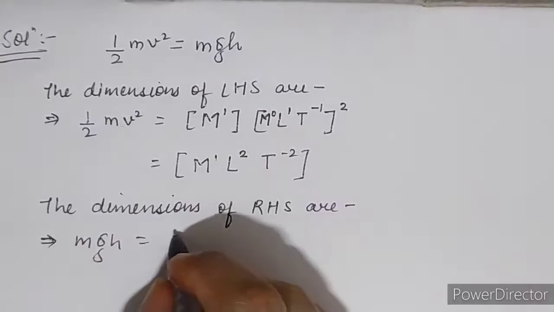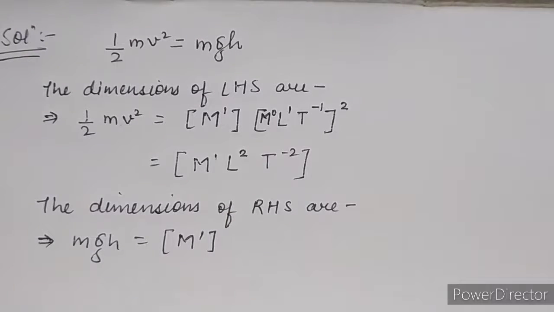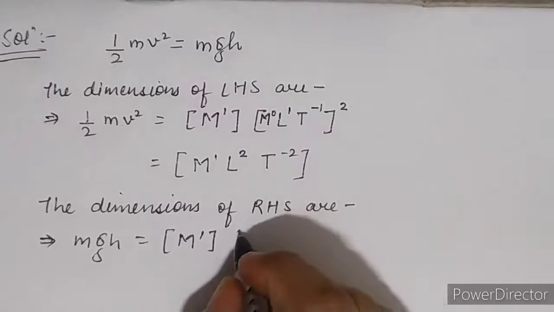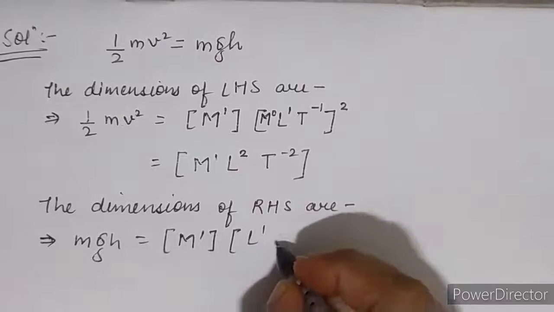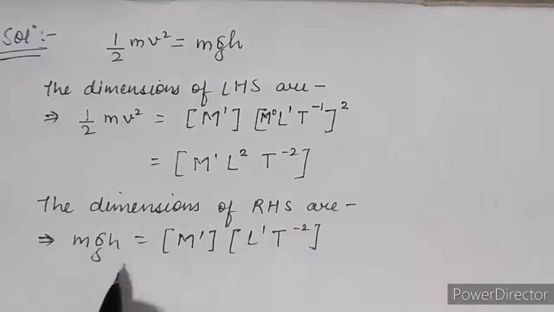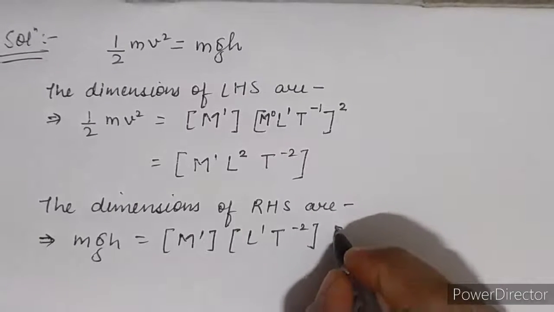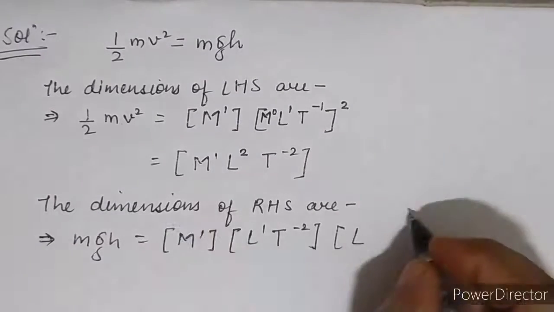Mass means kilogram, power is 1, so M1 L0 T0. g is acceleration due to gravity. Acceleration means meter per second square, velocity upon time. Meter means L1, per second square means T minus 2. h is the height, and height has the unit meter, so meter means length L with power 1.